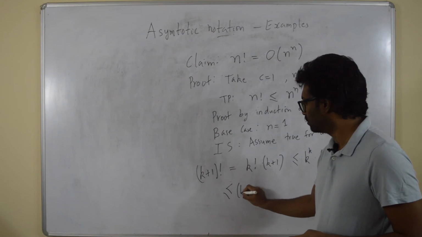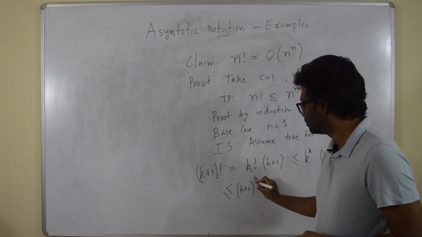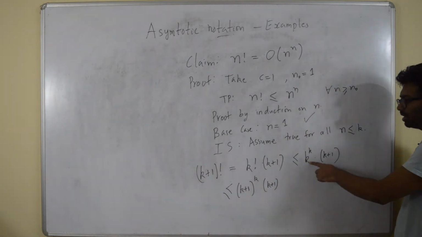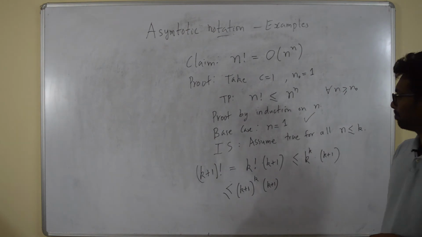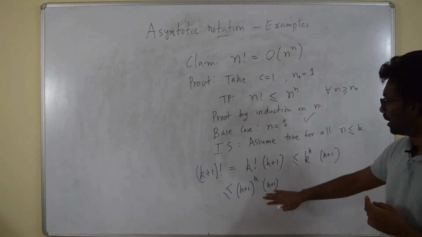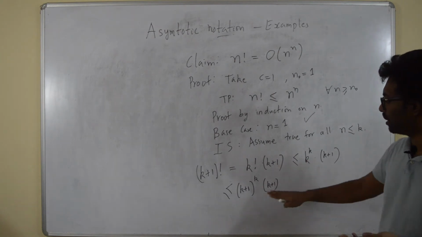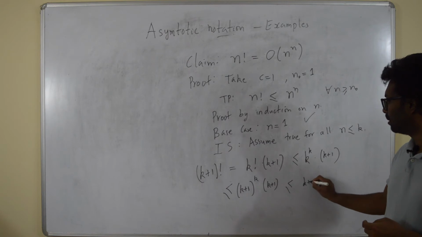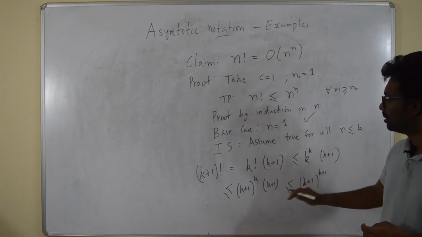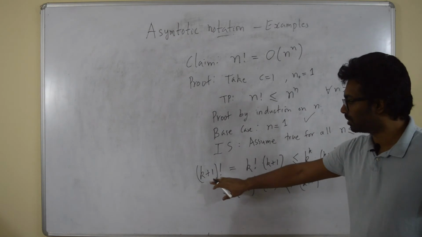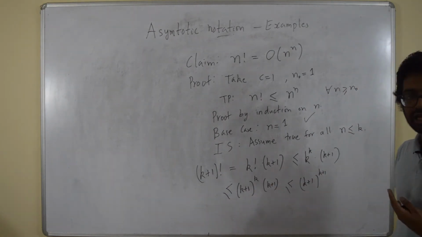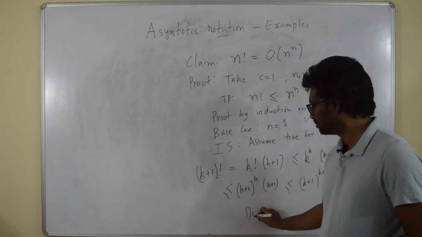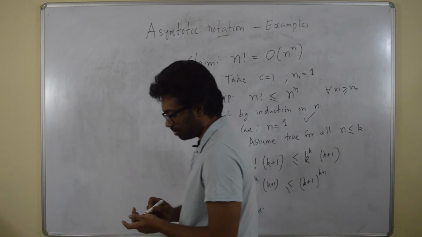This is less than or equal to k plus 1 raised to k, because this k plus 1 is greater than this k, and therefore k raised to k is less than or equal to k plus 1 raised to k, right? And therefore this is less than or equal to k plus 1 raised to k plus 1, and I'm done because I've proved k plus 1 factorial is less than or equal to k plus 1 raised to k plus 1, and that's exactly what we had to show, right? This is a proof by induction.